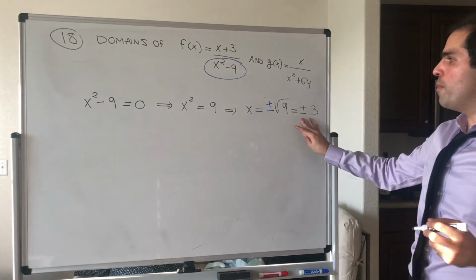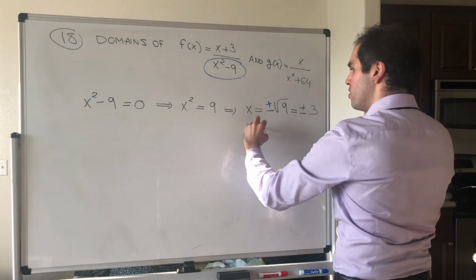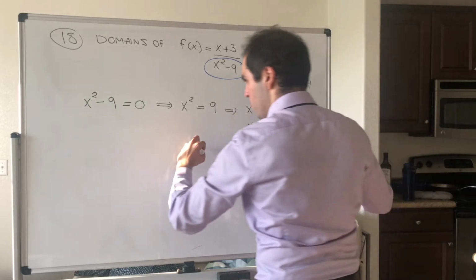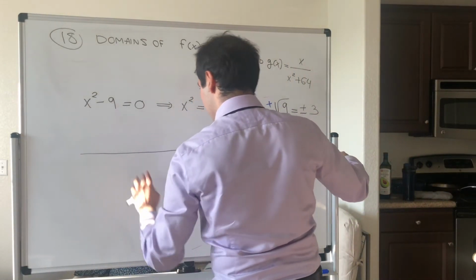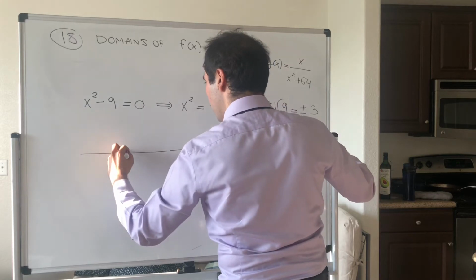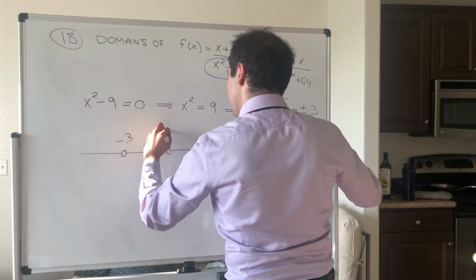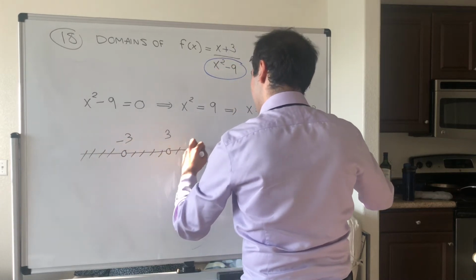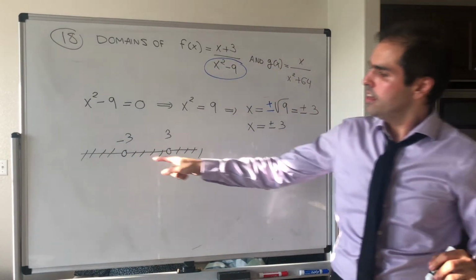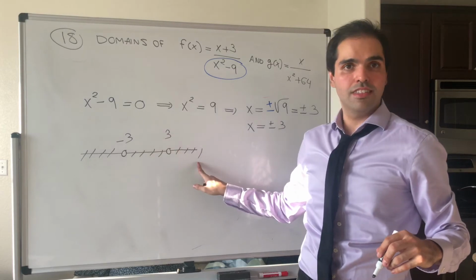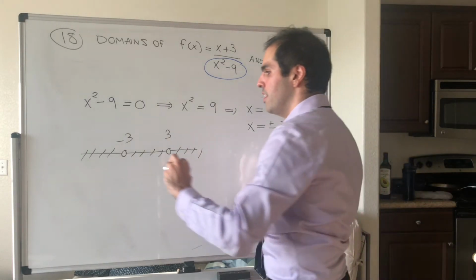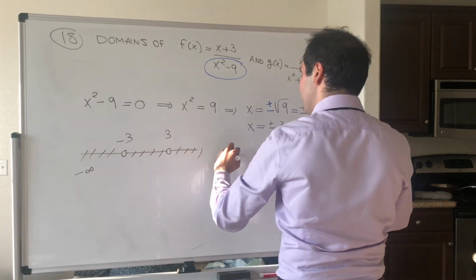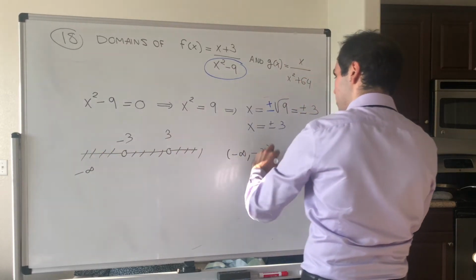So what is the domain? It's all the numbers other than plus or minus 3. So in terms of a picture, it looks as follows. Again, all the numbers except we exclude plus and minus 3. And so notice there are in fact 3 pieces here. And that's how you write the domain. The first piece is minus infinity comma minus 3.